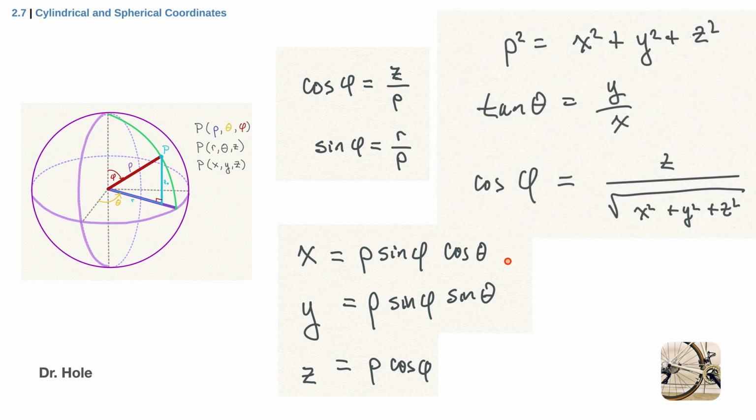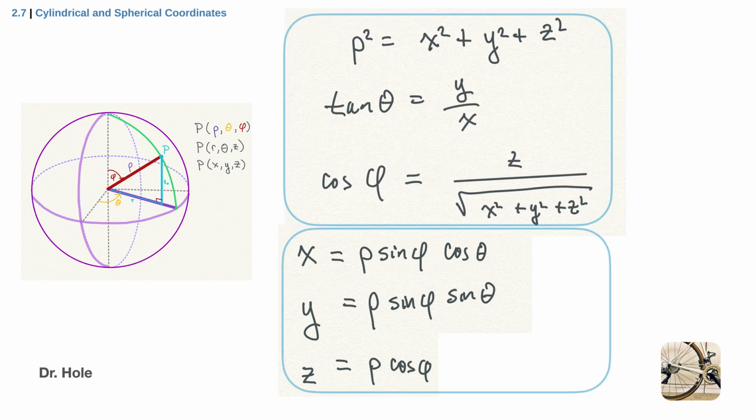Let's write down 3 more equations. This top equation is simply the equation of a sphere of radius rho. The second equation is borrowed from cylindrical coordinates. The third equation is just a restatement of what we observed in our right triangle, where the denominator rho has been solved for in the top equation.